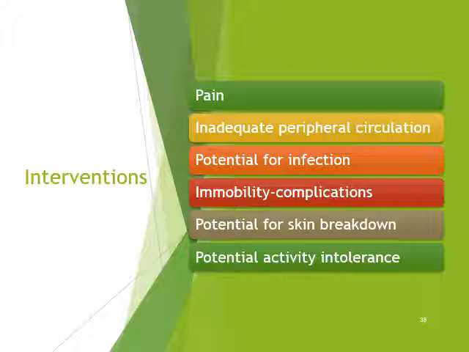And also, we want to have activity, get them up out of bed, walking around, ambulate, and rest in between their activities. We want to teach them, and that should take place right away, how to get up, how to take care of themselves, how to assess their own injury, to watch for problems or infection.